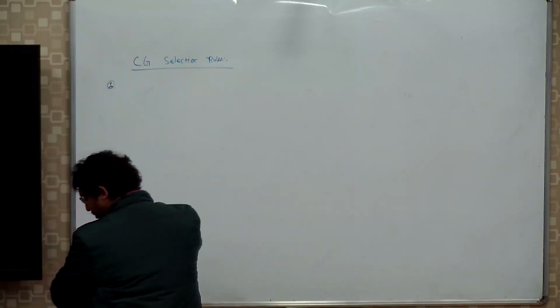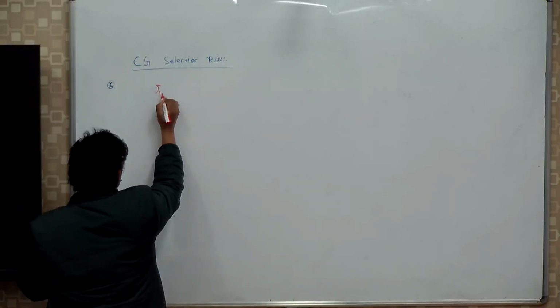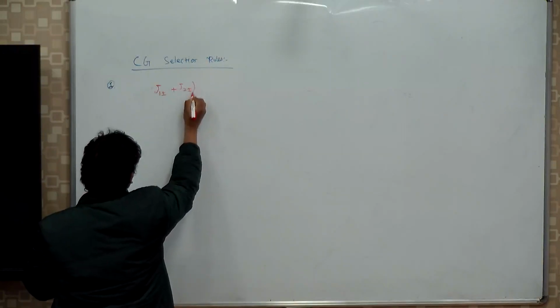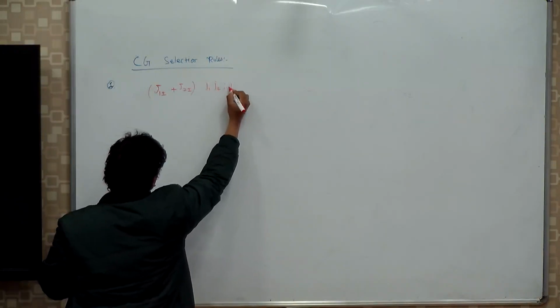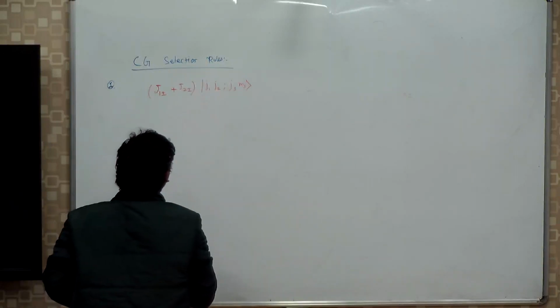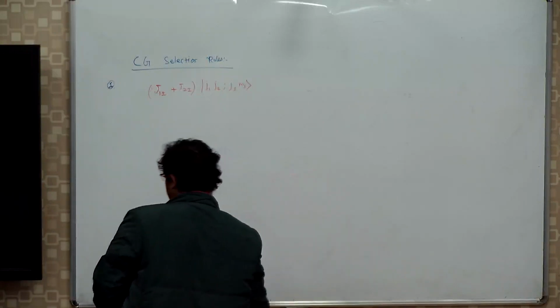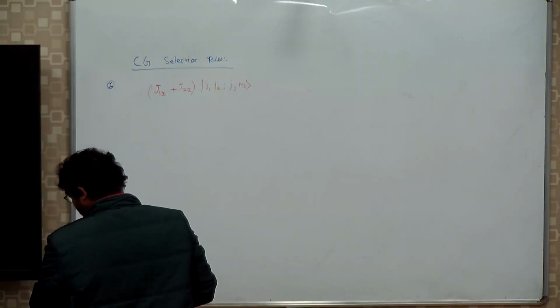Okay, we'll discuss (J1 plus minus plus J2 plus minus) |J1 J2 J3 M3>. I am solving the right hand side.